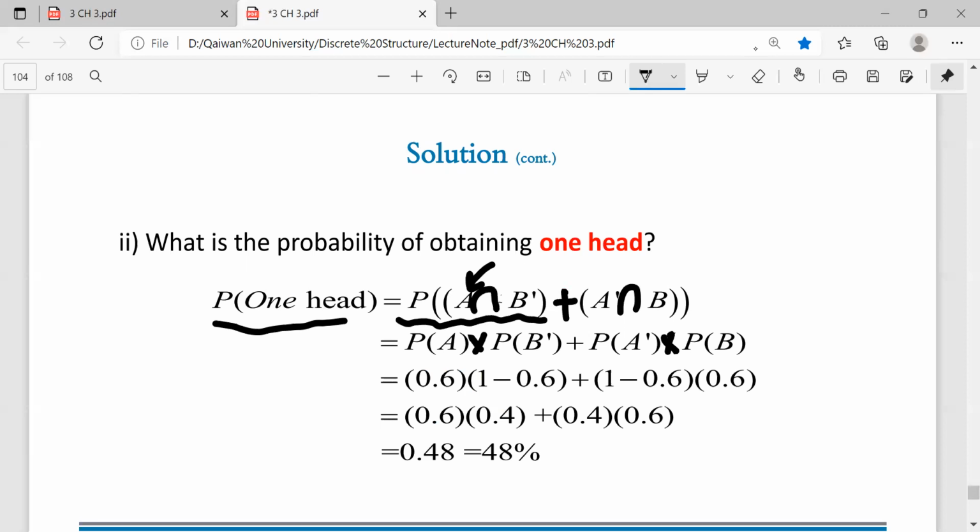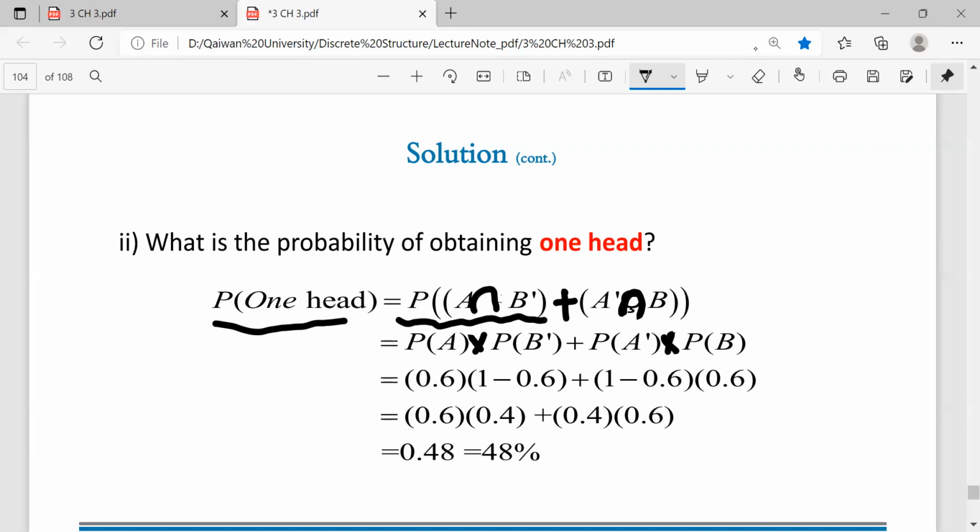We say if the first one is head and the second is tail, they are complements, because the complement of head is tail. And if the first one is tail and the second is head, as you see here, it's written A complement intersection B. Here you find the probability of A intersection B complement.